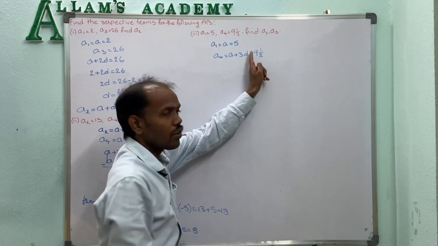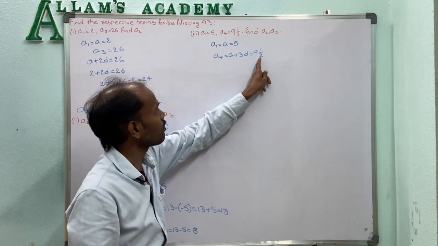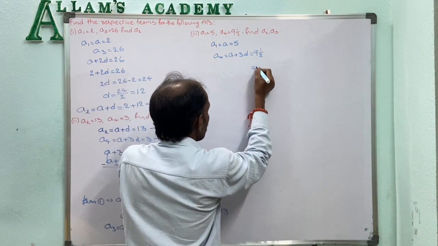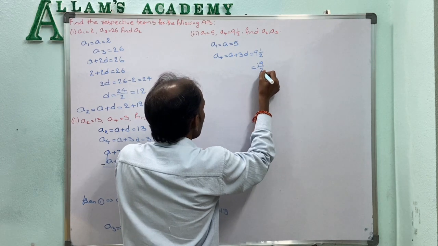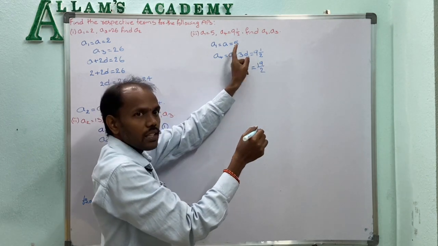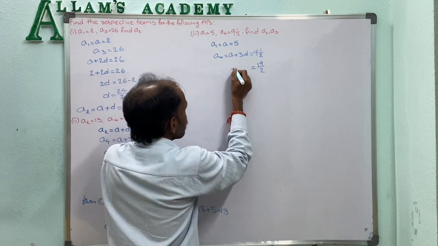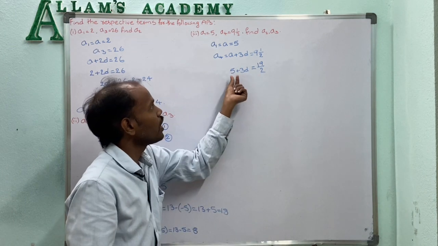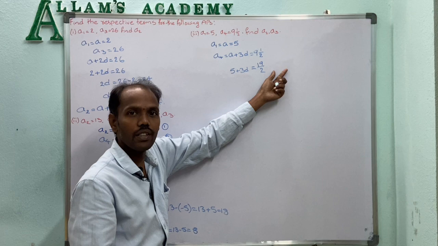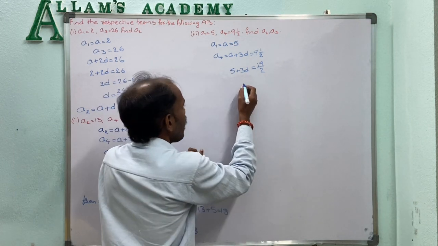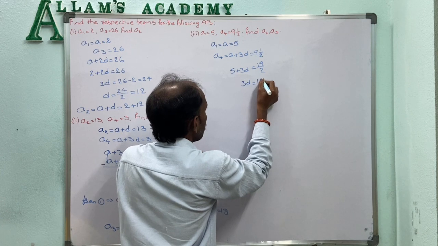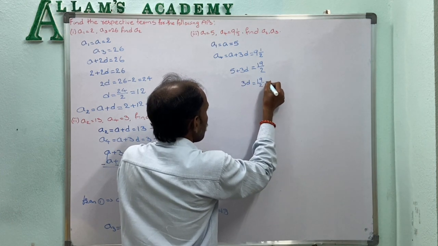So 9 whole 1 by 2, that is nothing but 2 nines 18 plus 1 equal to 19, so 19 by 2. So here the a value is 5, we know. So 5 plus 3d equal to 19 by 2. Now this plus 5 transferred to that side, minus 5. So 3d is equal to 19 by 2 minus 5.